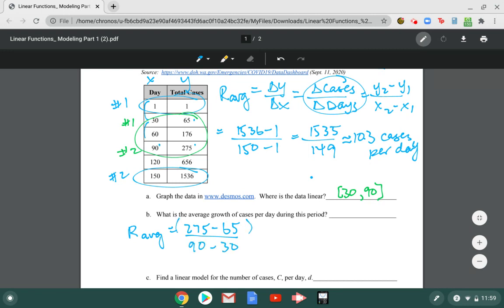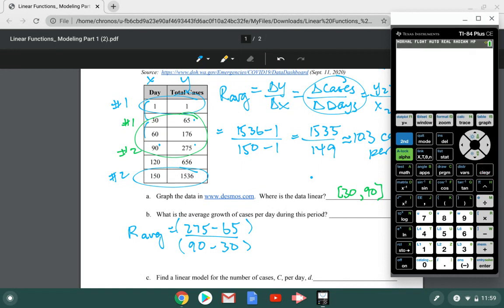And then if I want to put this in my calculator in a single computation, I want parentheses. Go ahead and clear what I've got here. And then parentheses 275 minus 65 divided by 90 minus 30. And we get 3.5.